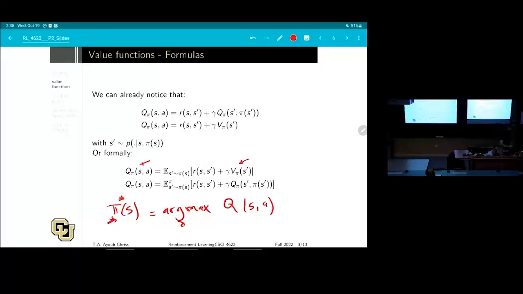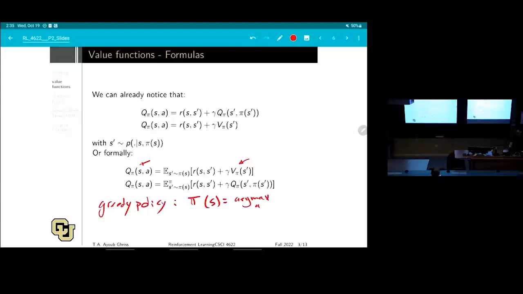We're just trying to maximize. Once we have Q, we take the argmax with respect to the action, and we define the greedy policy. So with the greedy policy, pi of S is the argmax with regard to A of Q(S, A).